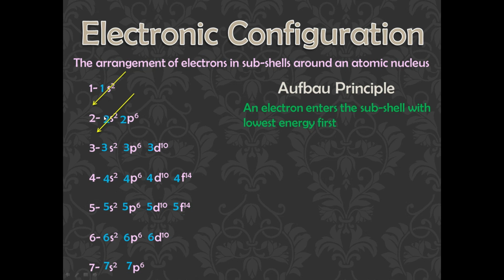This 2s2 is having higher energy than 1s2. Then electrons will be filled in this way, first in 2p6 and then 3s2, because 2p6 is having lower energy than 3s2. Then electron will go in 3p6 and 4s2.